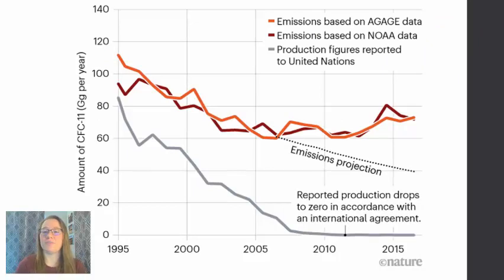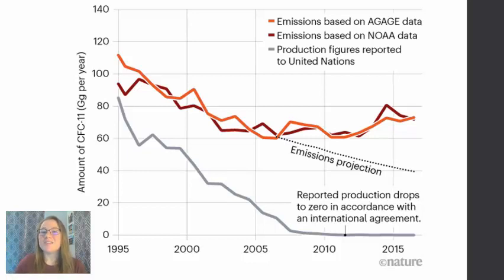We can see on this graph that the emissions of these chlorofluorocarbons and the ozone depleting molecules were declining pretty consistently up until the early 2000s. We can see that the reported production of these was essentially at zero, which was in accordance with the agreement. But then in the early 2000s, we started to see this increase.